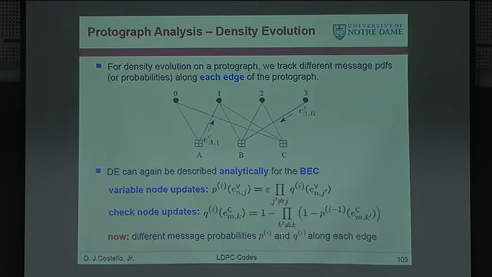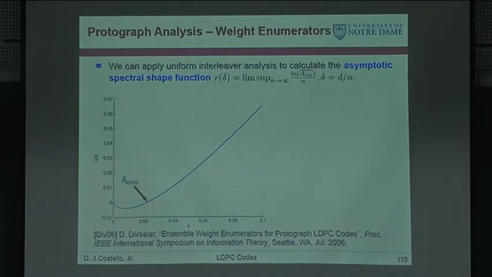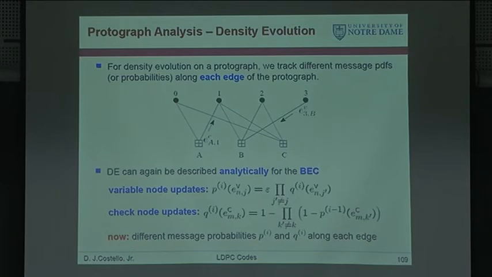It's the special notation for the protograph version of density evolution, and it's not exactly the same as what we used previously. So if you want to understand this, you'd have to go to one of the original papers. So that's just to say you can do the density evolution on the protograph, and it's simpler than doing it on a big graph. It's essentially the same procedure.